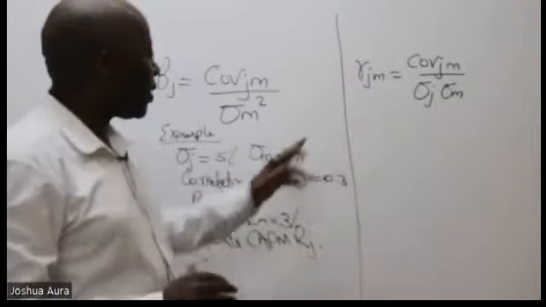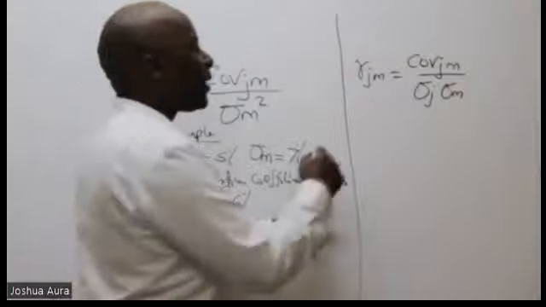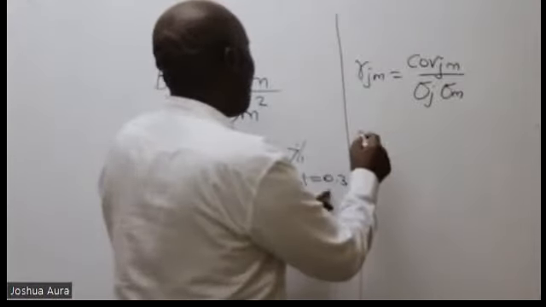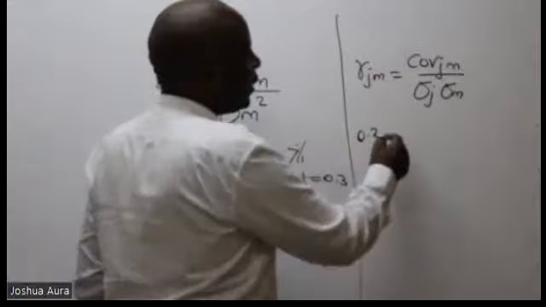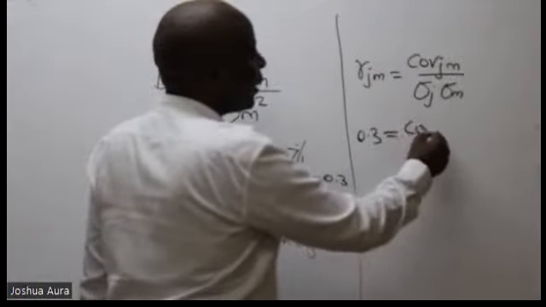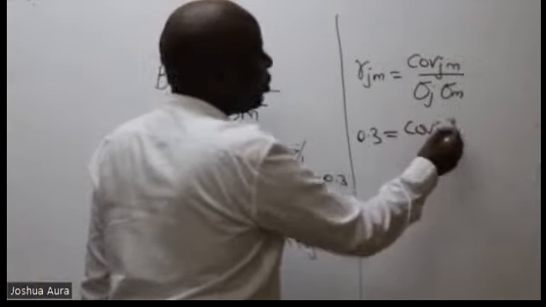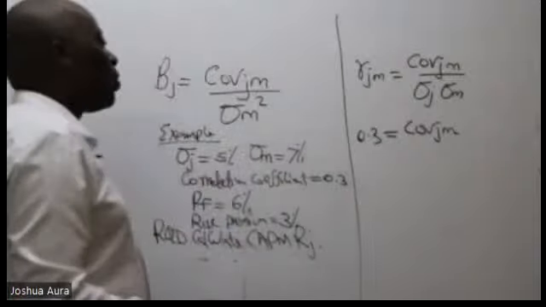So the correlation has been provided here as 0.3. And then we have our covariance, which is what we do not know.